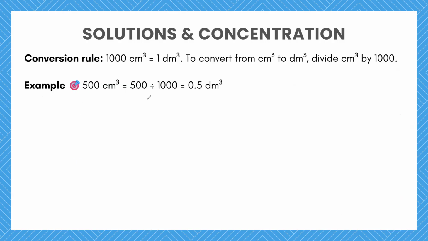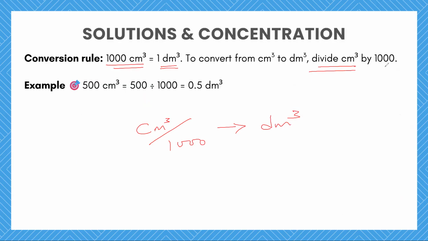So here is a conversion rule. Let's say a question gives you the volume measured in cm³ instead of dm³. You simply divide that amount in cm³ by 1000, because 1 dm³ is equal to 1000 cm³.